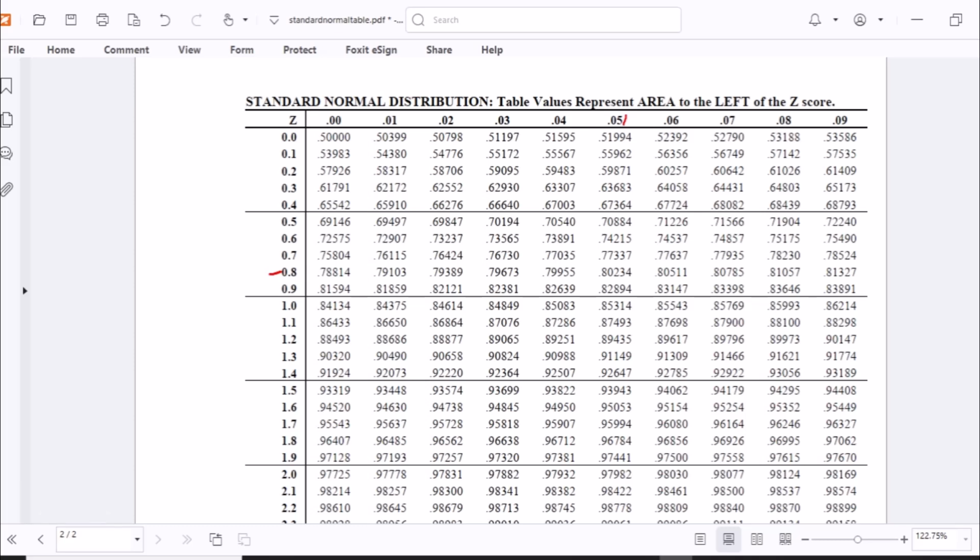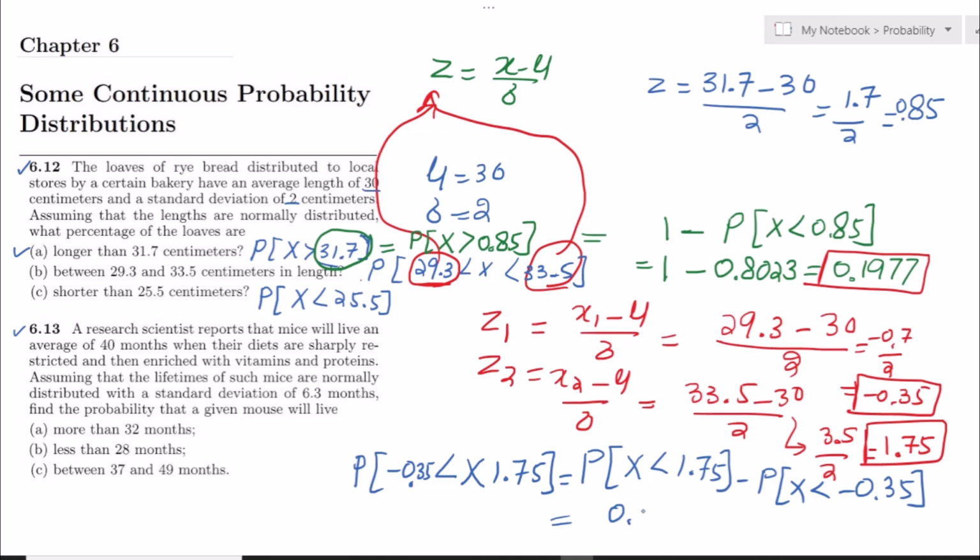1.75, this is the 1.7, and the fifth column is here. So 0.9599, minus the probability that Z is less than minus 0.35.